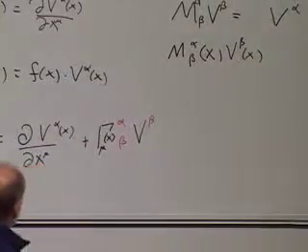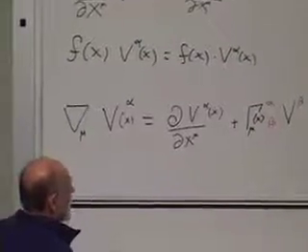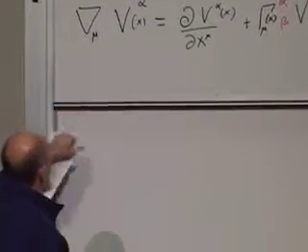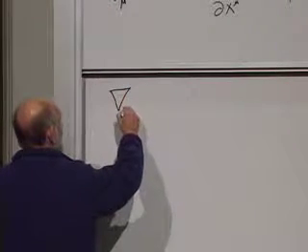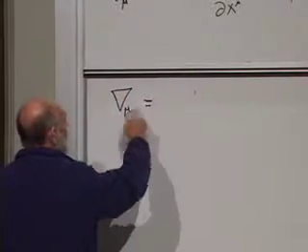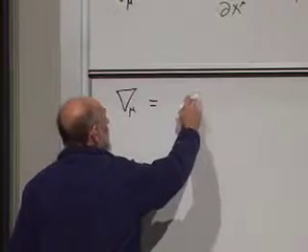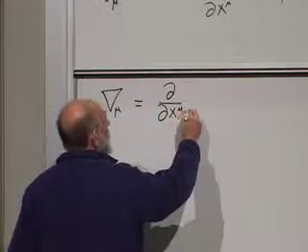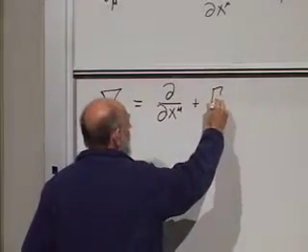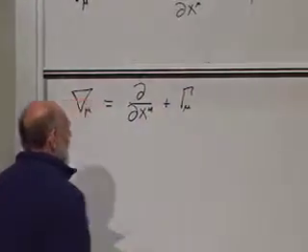All right, we could summarize it by the notation del mu equals derivative with respect to x mu plus gamma mu. Now, that looks stupid.